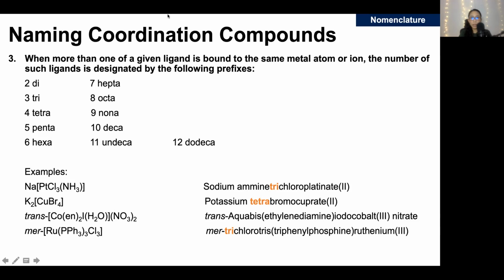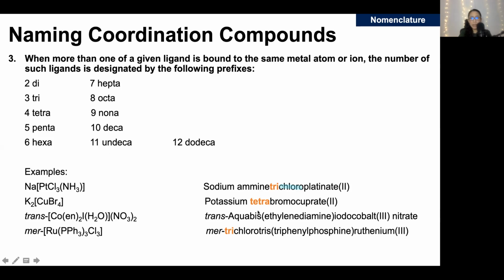That is why in the name of our first example, what you see there is amine, just amine, because you have one ammonia ligand, trichloro. Okay, we end there. Trichloro. So in the name you see tri, that means you have 3 chloride ions or 3 chloride ligands in the complex.